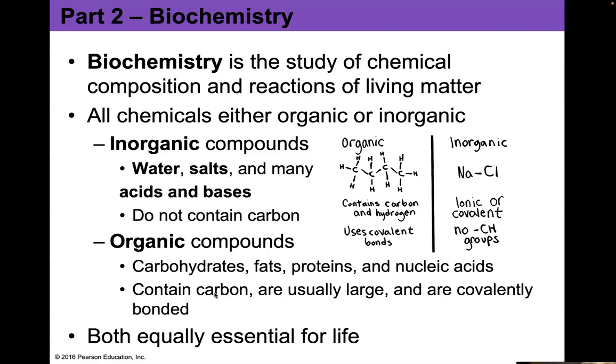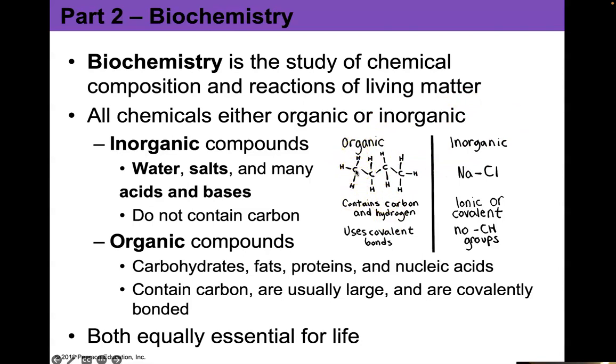So again, all chemicals are either organic or inorganic. So when we talk about things that are organic, these are going to be things that contain carbon, are usually large, and they're covalently bonded, okay? So we have a lot of carbon hydrogen.